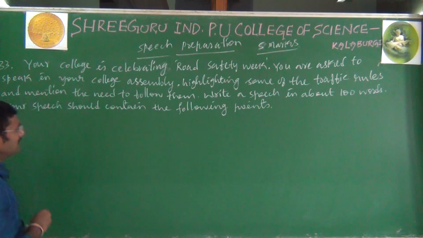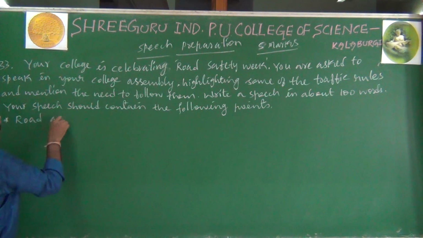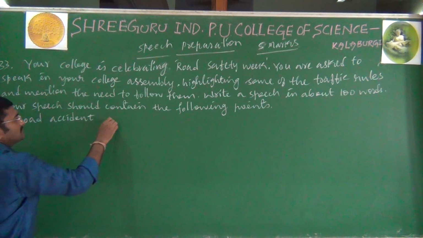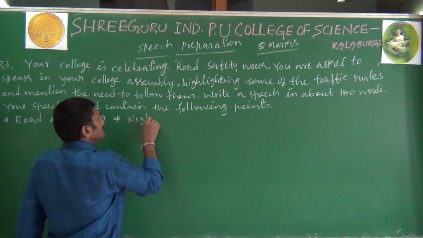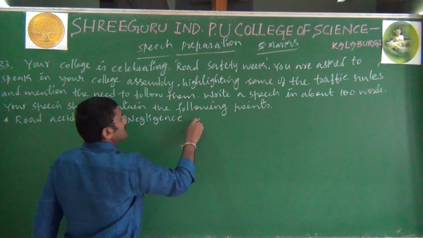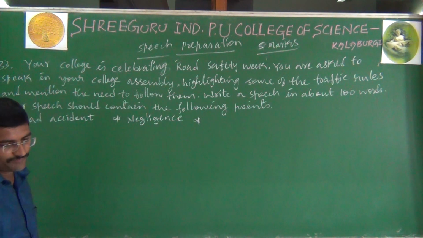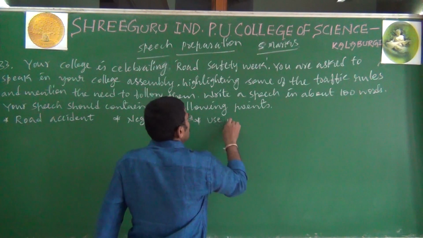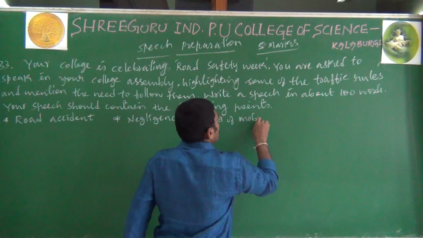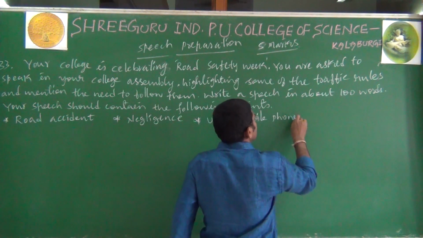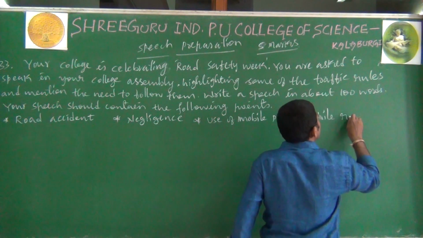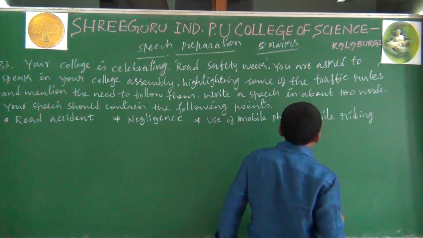What you are supposed to follow? There are certain points. Road accident, number 1. Number 2 is negligence. Number 3 is use of mobile phones while riding or driving.